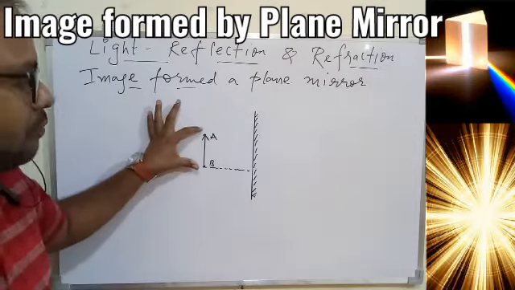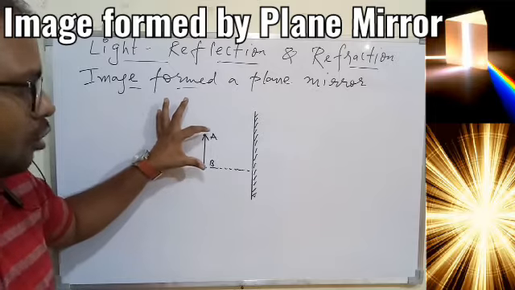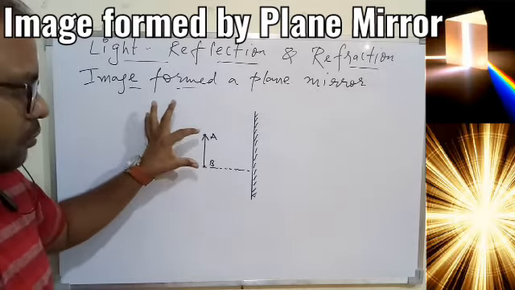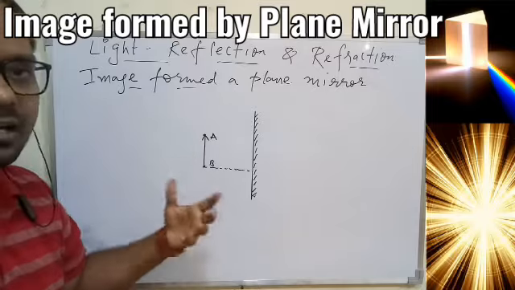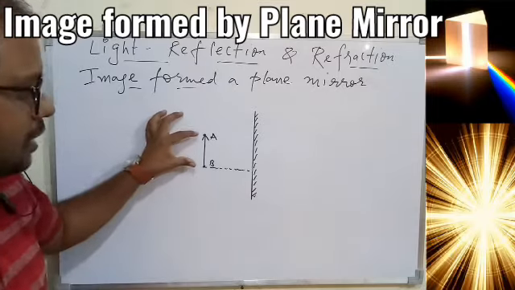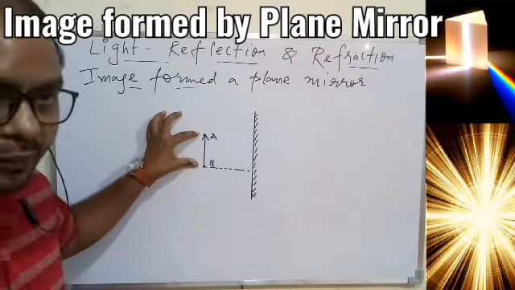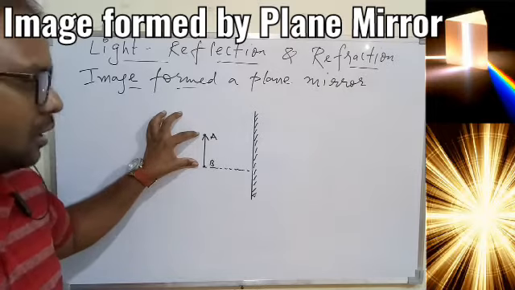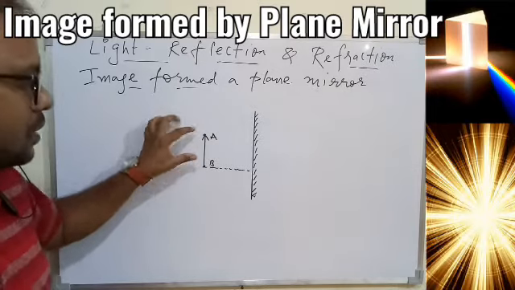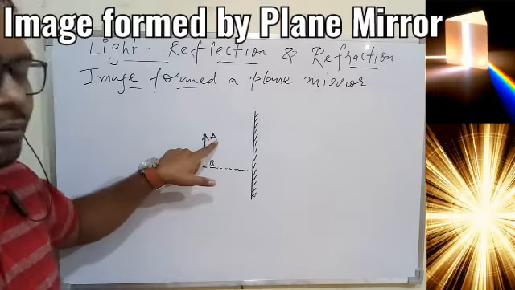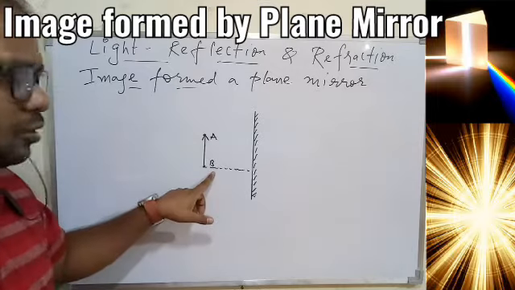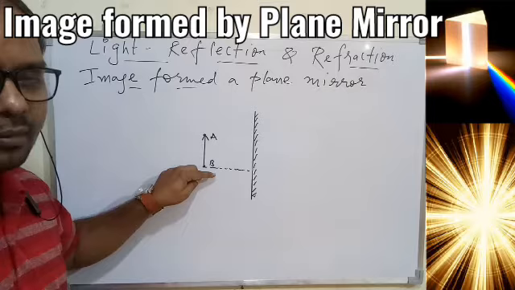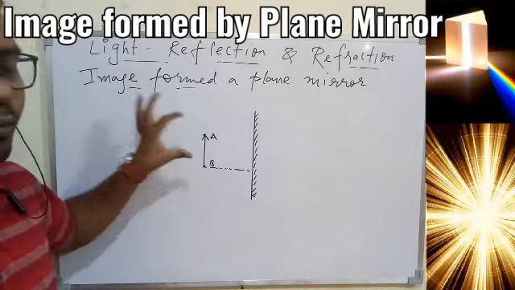So if we are able to find the image of A and image of B, for the rest of the points, between A and B we can think of an infinite number of points, we need not apply any ray diagrams or any kind of rules. Once we are able to find out the image of point A and image of point B, and connect them, automatically what will we get?